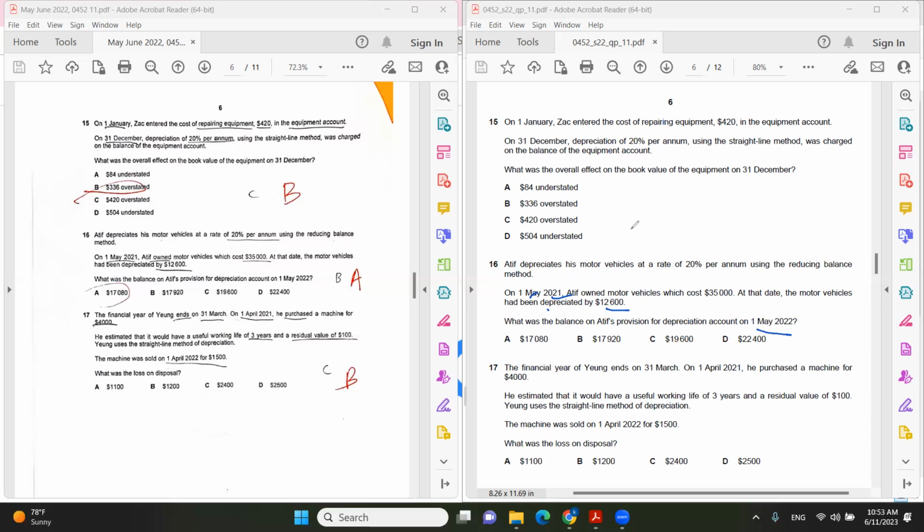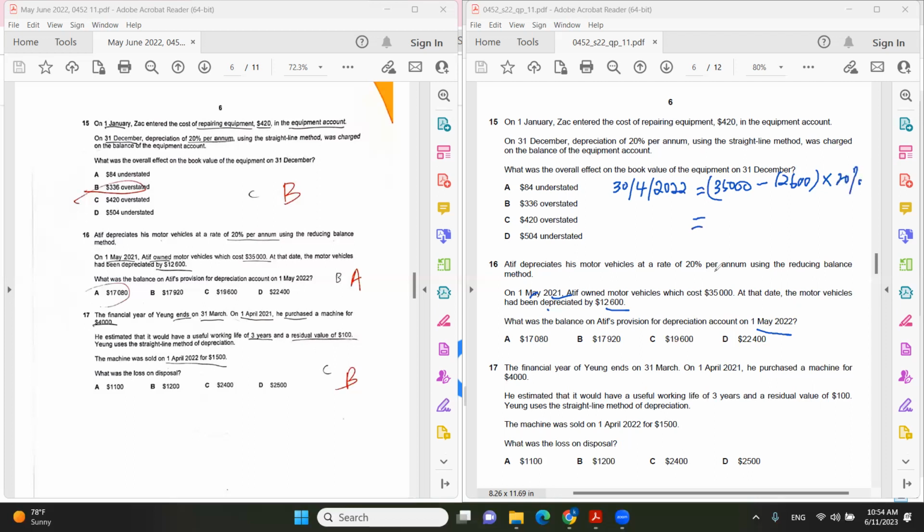Okay, let's calculate first. My year end will be 30th April 2022. So I want to calculate the depreciation amount for this year end. So I take the cost minus the accumulated depreciation, which is the provision for depreciation, and then I times 20%.